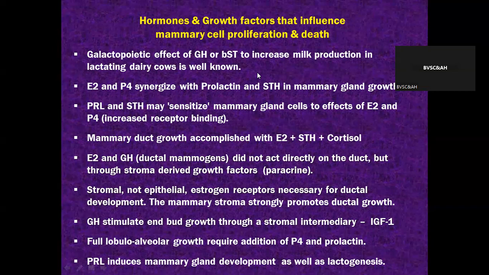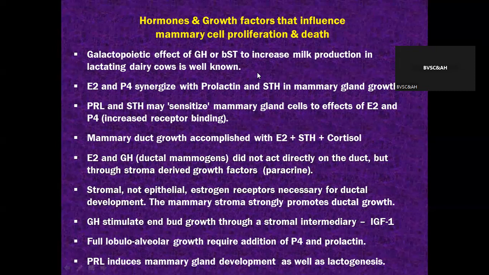So for the galactopoietic effect, what are those growth factors or hormones which are important in maintaining that persistency? Growth hormone and BST, that's the bovine somatotropin. They increase milk production in lactating dairy cows, and that's a well-known fact.